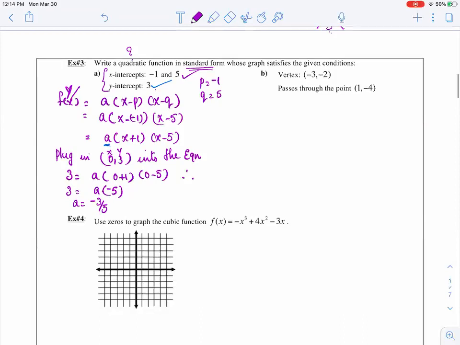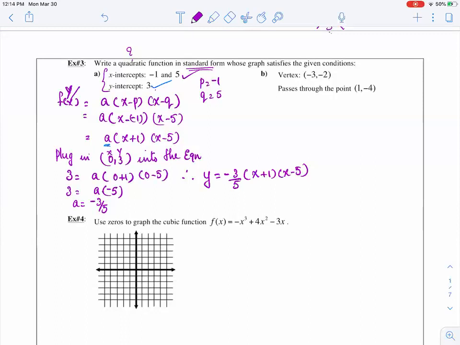Going back to the question, we are asked to find the quadratic function. The function is y equals -3 over 5 times (x plus 1) times (x minus 5). Can we box this?